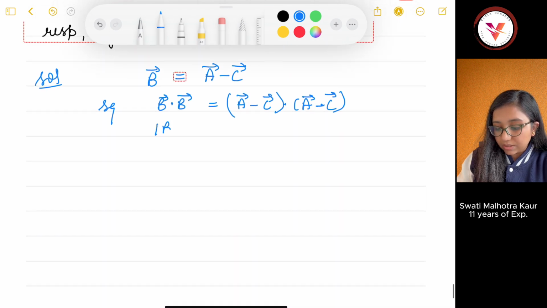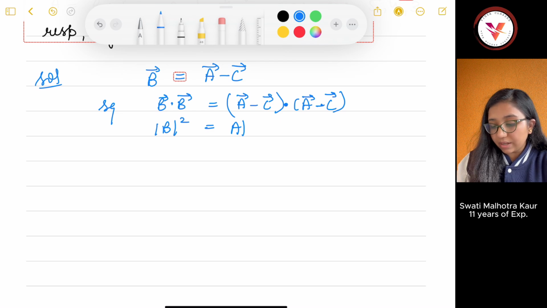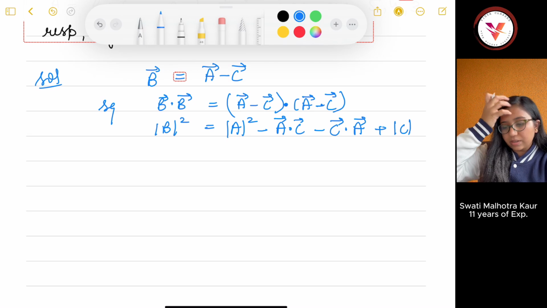This can be written as magnitude of B squared equals A dot A, which becomes magnitude of A squared, then minus A dot C, then minus C dot A, then plus magnitude of C squared.